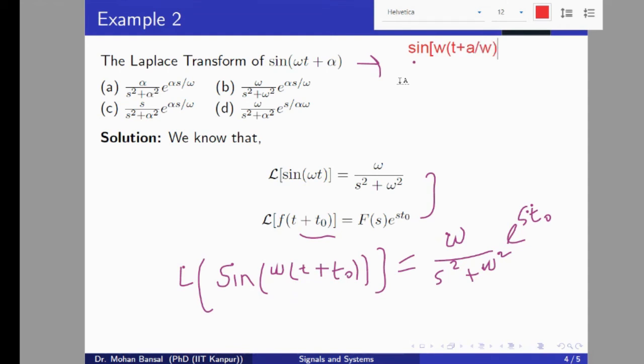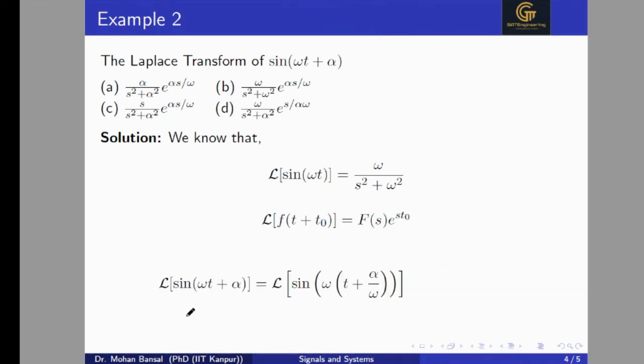Here alpha divided by omega is nothing but t naught. So the Laplace transform of this function will be omega divided by s square plus omega square, e to the power s alpha divided by omega. So according to this answer, option B is correct.